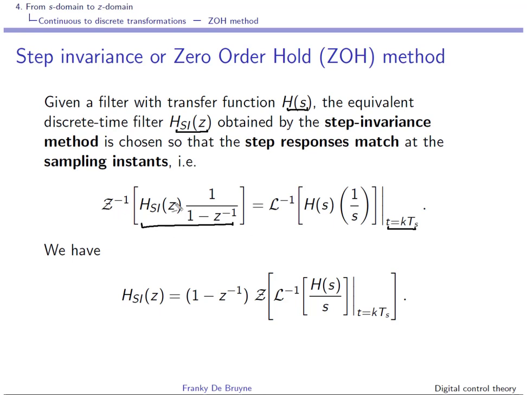So if you take the Z transform on both sides and you multiply by 1 over 1 minus Z minus 1, you obtain the equation that will allow you to find this equivalent discrete time filter.